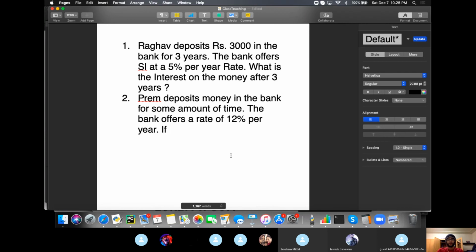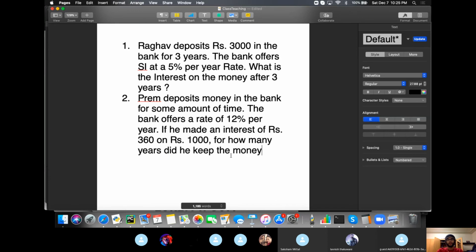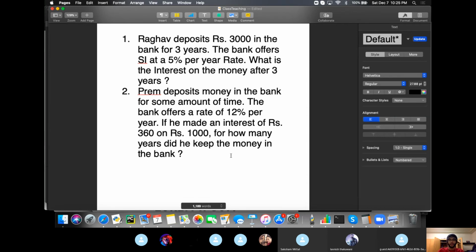If he made an interest of rupees 360 on rupees 1,000, for how many years did he keep the money in the bank? This is a slightly tricky question, but you have to read it carefully and you will be able to understand.